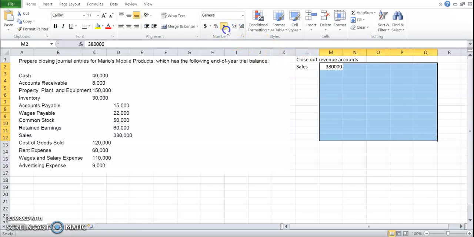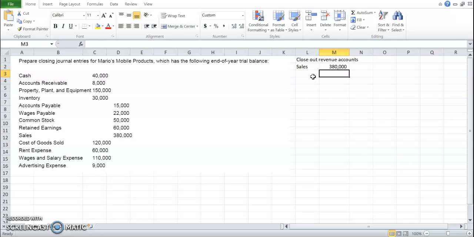And we're going to close it out to an account called Income Summary for the same amount. Now, seeing that's the only revenue account we've got, that's the only one we need to close out.